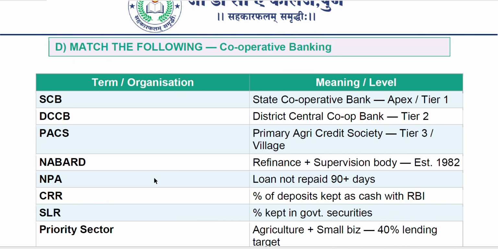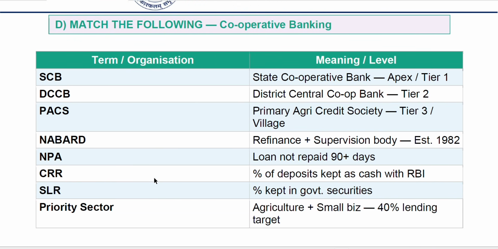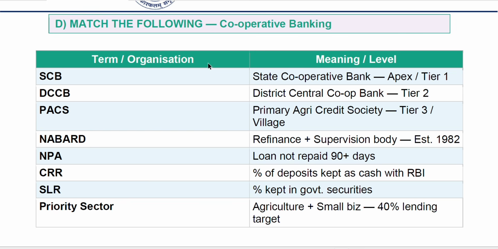Match the following for cooperative banking. Terms, organization, and meaning at the level: SCB, DCCB, PACS, NABARD, NPA, CRR, SLR, priority sector. SCB, State Cooperative Bank, Apex, Tier 1. DCCB, District Central Cooperative Bank, Tier 2.